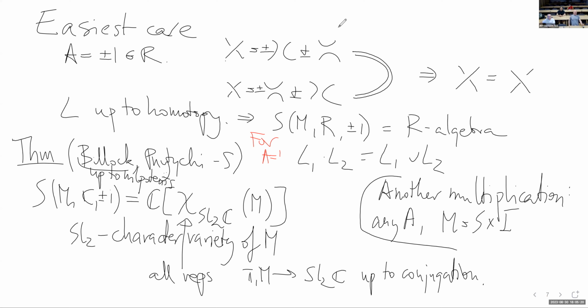One is sticking to A equal to plus or minus one, and another one is a specific choice of M. What if you take A equal to plus or minus one and you assume that M is of this product type? Well, I get the character variety of the surface. But is there a relation between these two multiplications? For A equal one, this is generally a non-commutative multiplication. A equal plus or minus one is actually the same. It is commutative because you can pass crossings. So this is the same algebra. Perfect. Thank you.